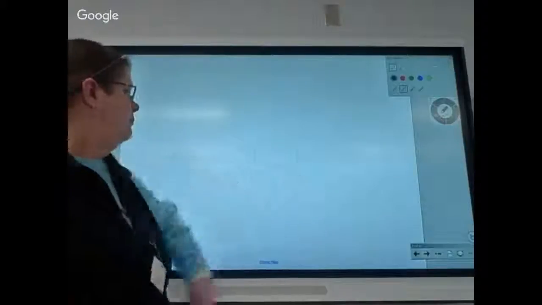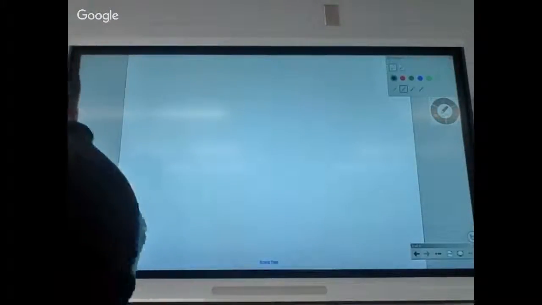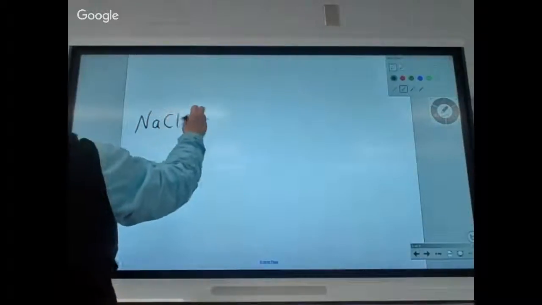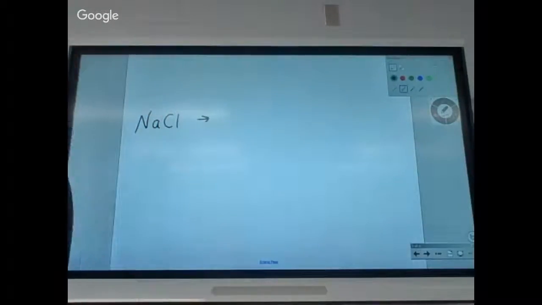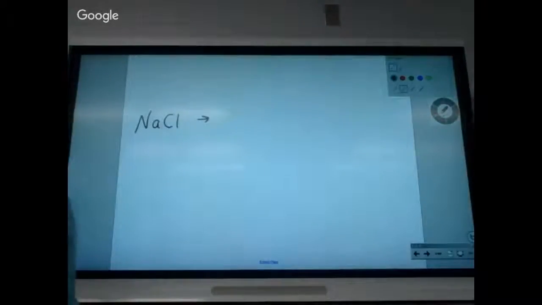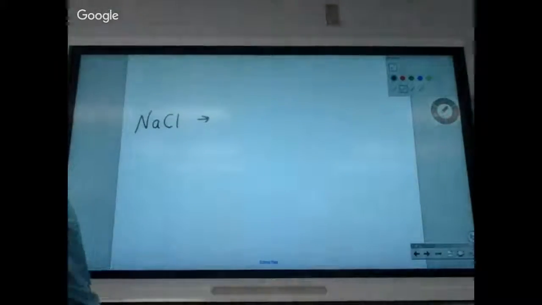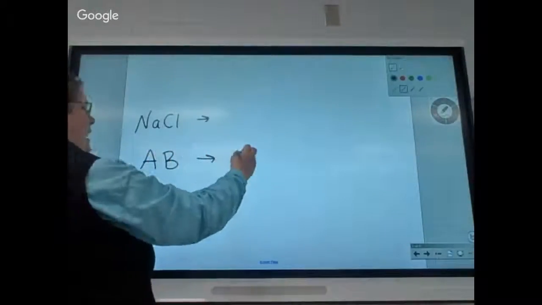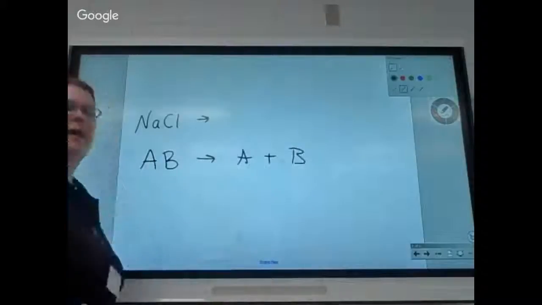17. What's 17 say? NaCl. All right, how many elements do you have? 2. So if you only have 2, all you need to do is what? Break it apart. You can look it up on the reference table, and it just says AB, which goes to A plus B, so you're just breaking it apart.